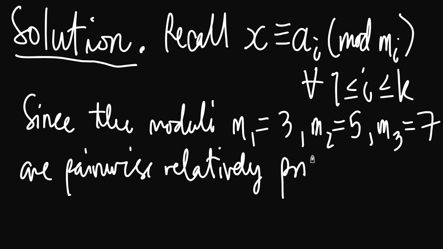That is, their GCD is equal to 1. So the GCD of 3 and 5 is 1, the GCD of 3 and 7 is 1, the GCD of 5 and 7 is 1. So they're pairwise relatively prime.